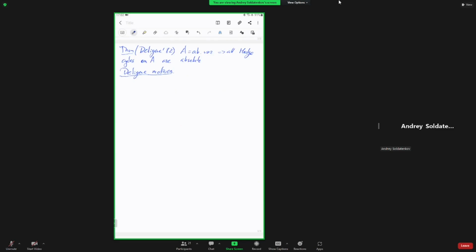Motives are defined usually in terms of correspondences, and correspondences are some cycles on the product of two varieties. So in our situation, we will use the absolute Hodge cycles as correspondences.